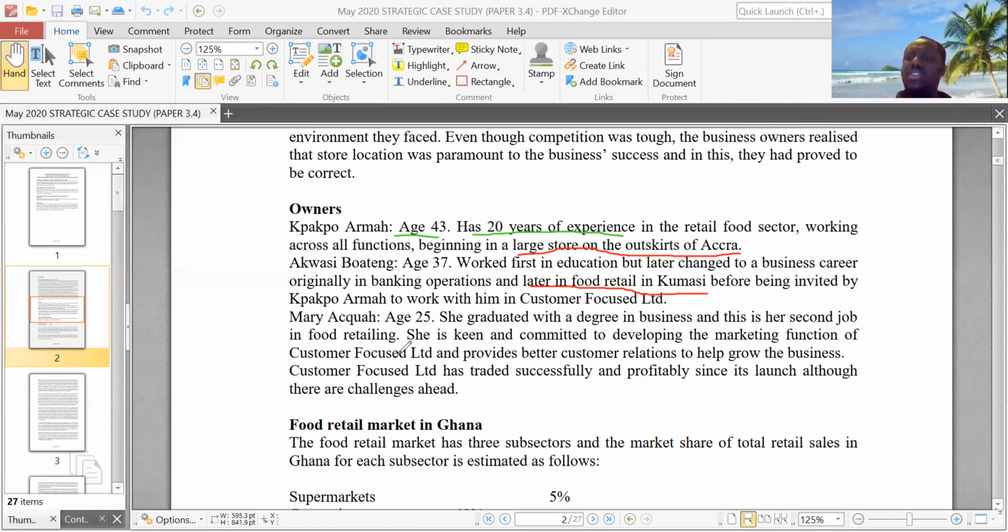So one of the things we note here is that Mary came out of school. She's 25, so she probably graduated at 23. This is her second job in food retailing. So she's not that experienced. She seems to be passionate, but there's a difference between being passionate and being experienced.